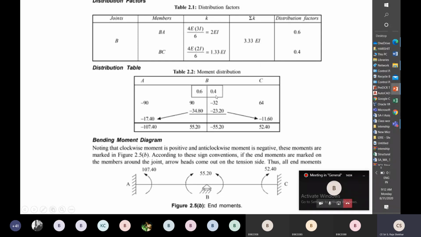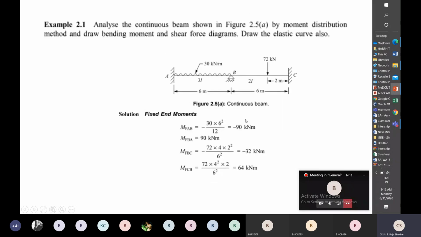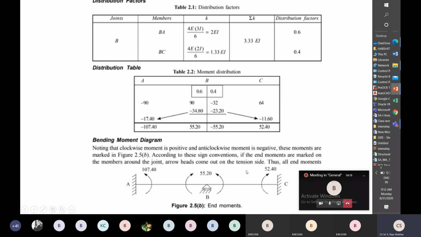Next, you have to write the fixed end moments that you calculated here: minus 90, plus 90, minus 32, plus 64. Write the same values with the same sign. Here MFAB is equal to minus 90, MFBA is equal to plus 90, MFBC is equal to minus 32, and MFCB is equal to 64.